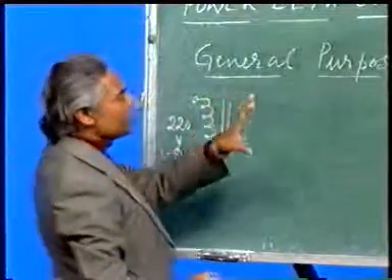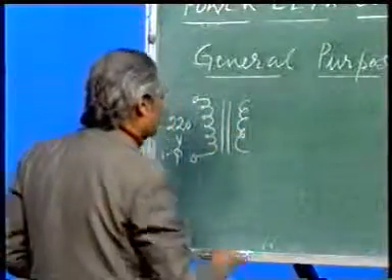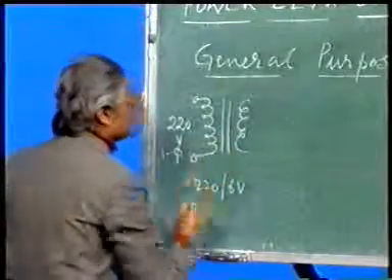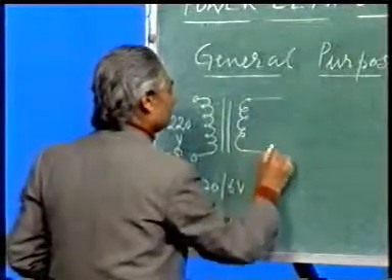Output will depend how much you need. Suppose we need a 6 volt supply, so it has to be 6 volt. That means 220/6 volt. So 6 volt will come here.